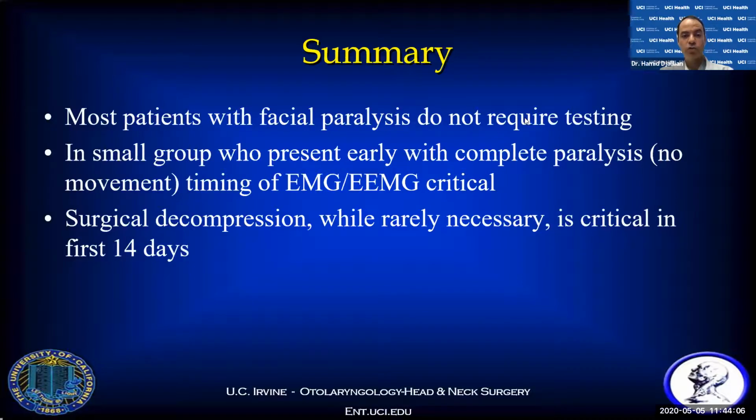Initially, you could just do the voluntary testing. There is this old dogma that you need to operate ASAP on a facial paralysis. If you don't recognize why there could have been a paralysis in surgery, then do some testing to figure out what's going on, and then you can do the decompression at a later point.